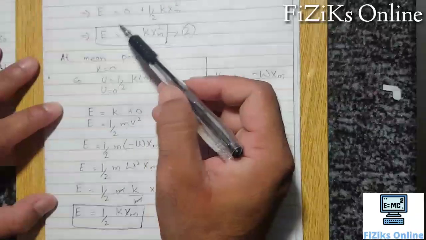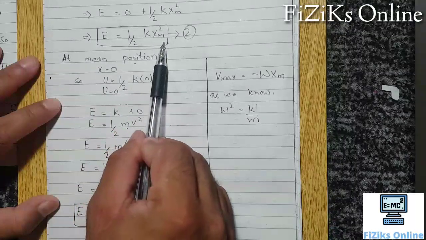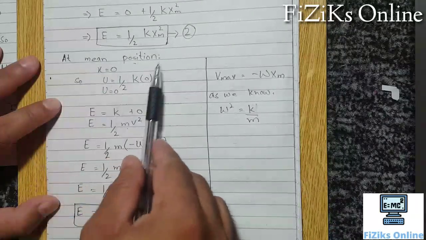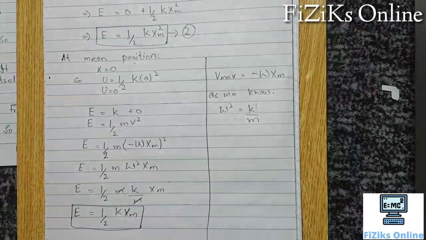So at the extreme point the energy is half k xm square, and similarly at the mean position the energy is half k xm square.